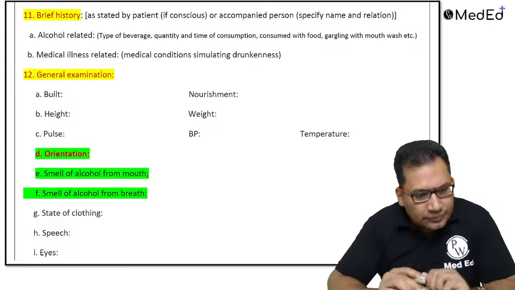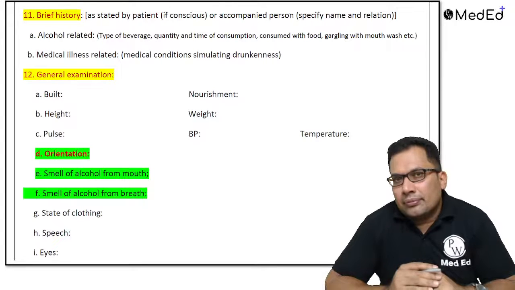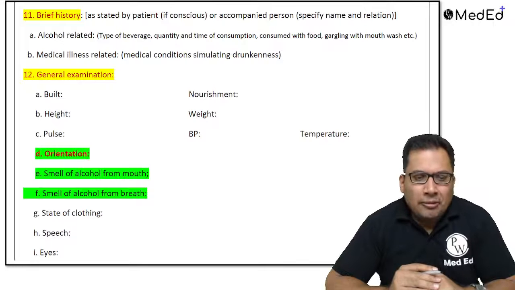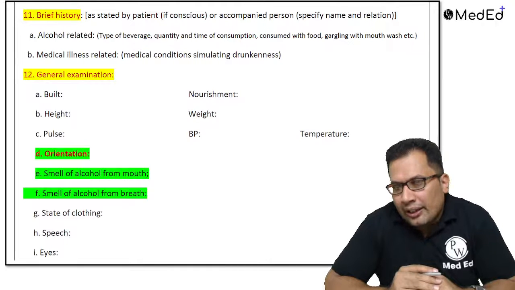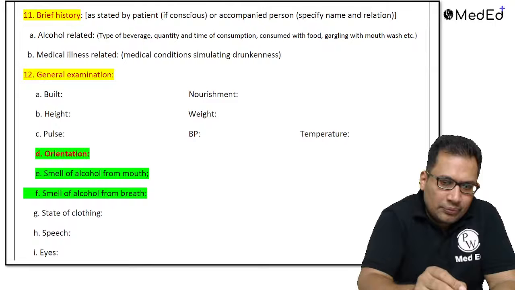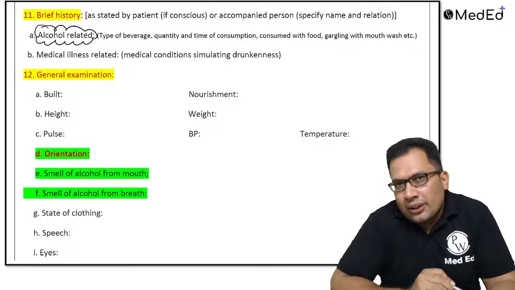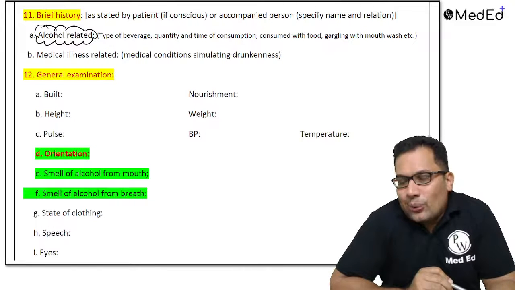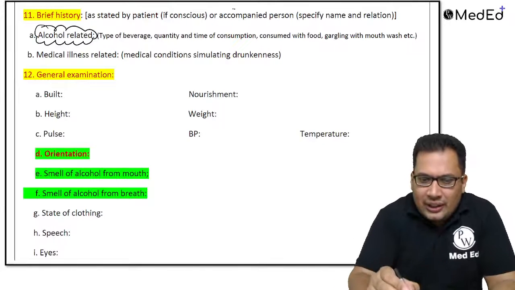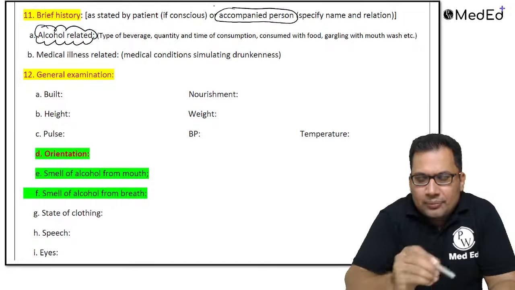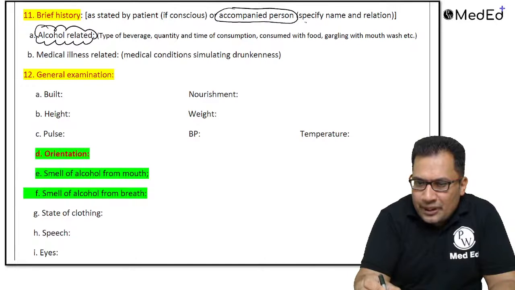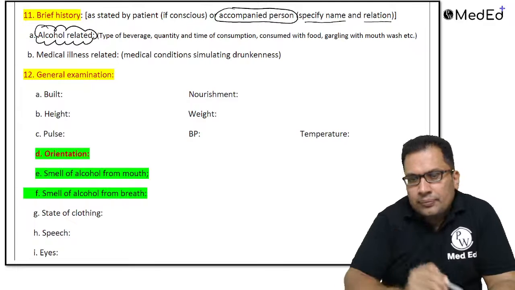Next, brief history. The brief history can be written related to alcohol intake. If patient is conscious, you can take the history from the patient. If patient is unconscious, what to do? Then you can take the history from accompanying person. In that case, specify name and the relation.